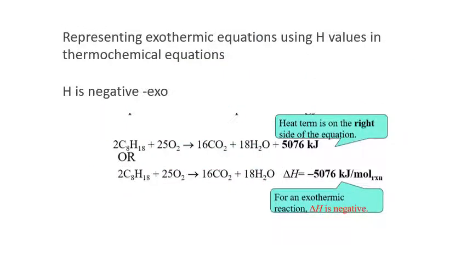So now let us see an exothermic reaction. As we have seen, exothermic: thermic is heat, exo is exit. So that means heat energy is exiting or heat is released.